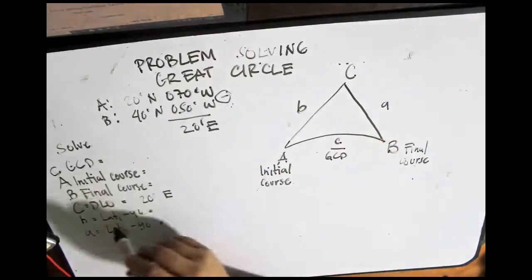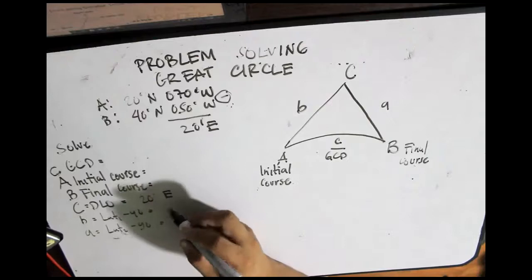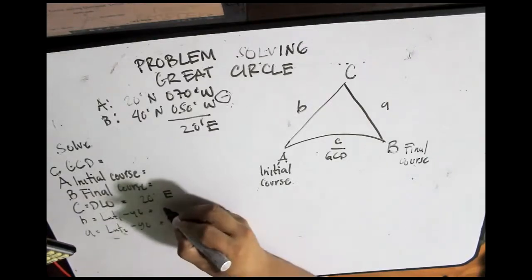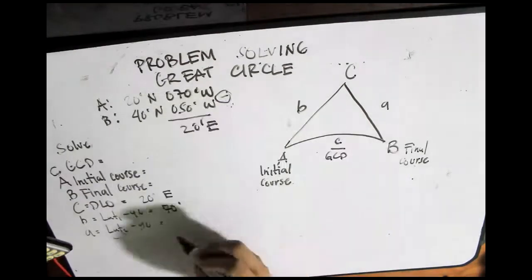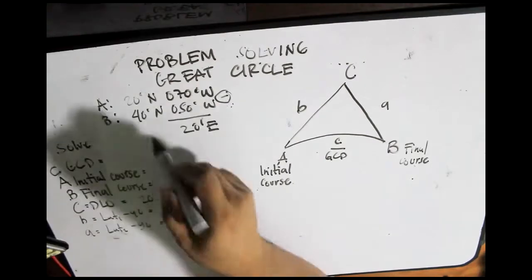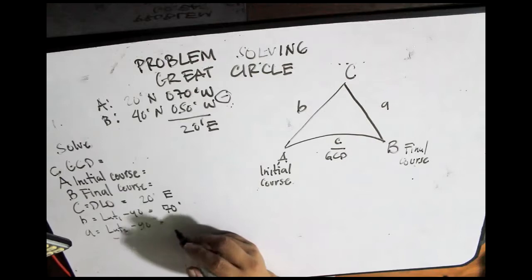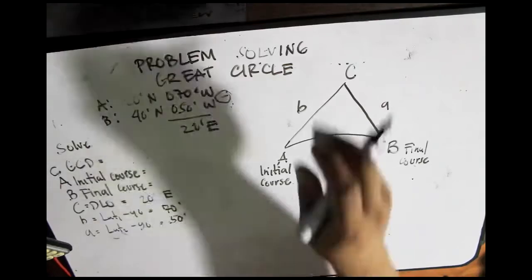Okay, so latitude 1, this one, your latitude 1. Okay, so 90 minus 20, okay, is equal to 70 degrees. So your B is 70 degrees. Okay, and for the A, okay, your latitude 2 is 90 minus 40. Okay, so equivalent yan ay 50 degrees. Okay, that is the equivalent.